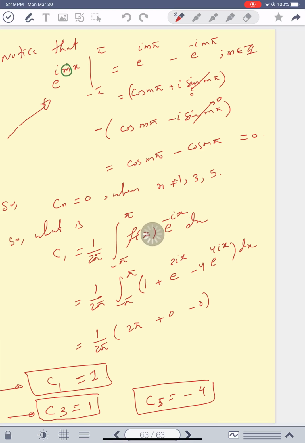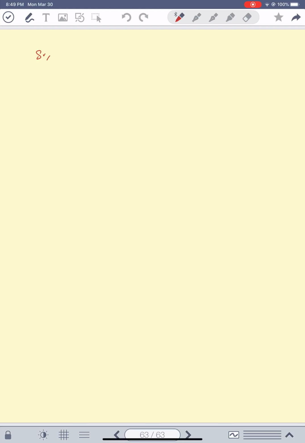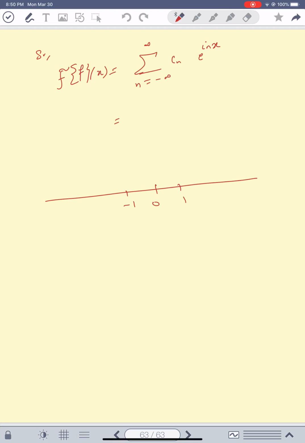Now once you finish all these computations, what is the Fourier series of the function? The original form was the sum from n equals -infinity to infinity of Cn e to the inx. So what do we mean by the sum from -infinity to infinity? When you say from -infinity to infinity, you start with 0, this is the simplest way to do it.